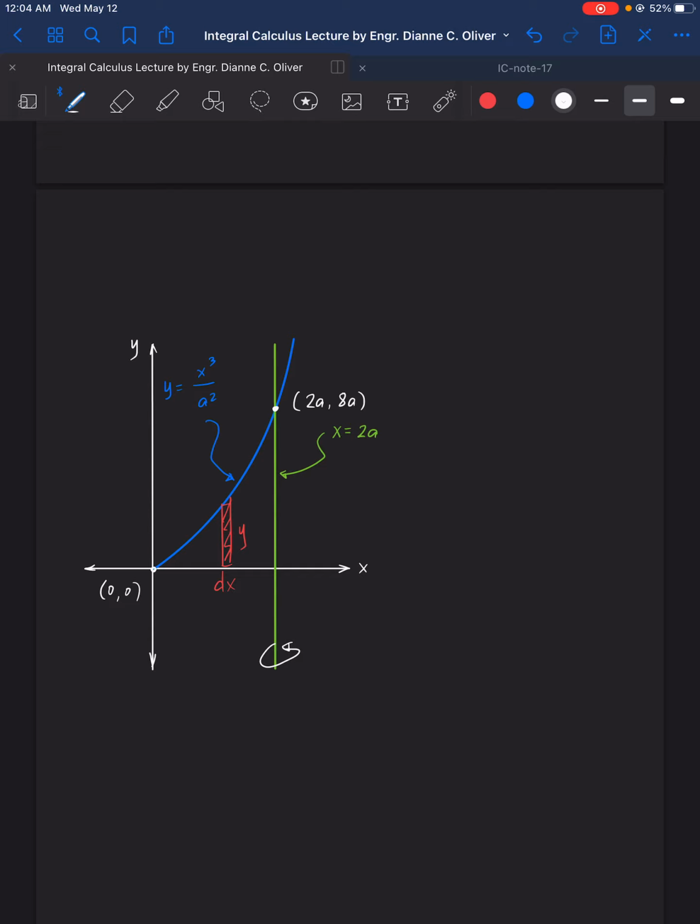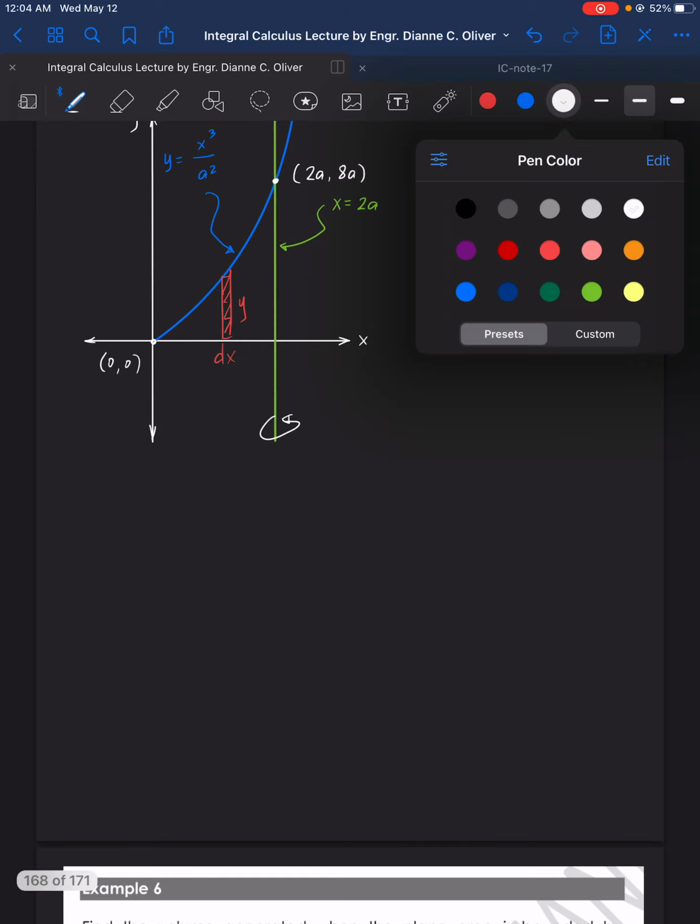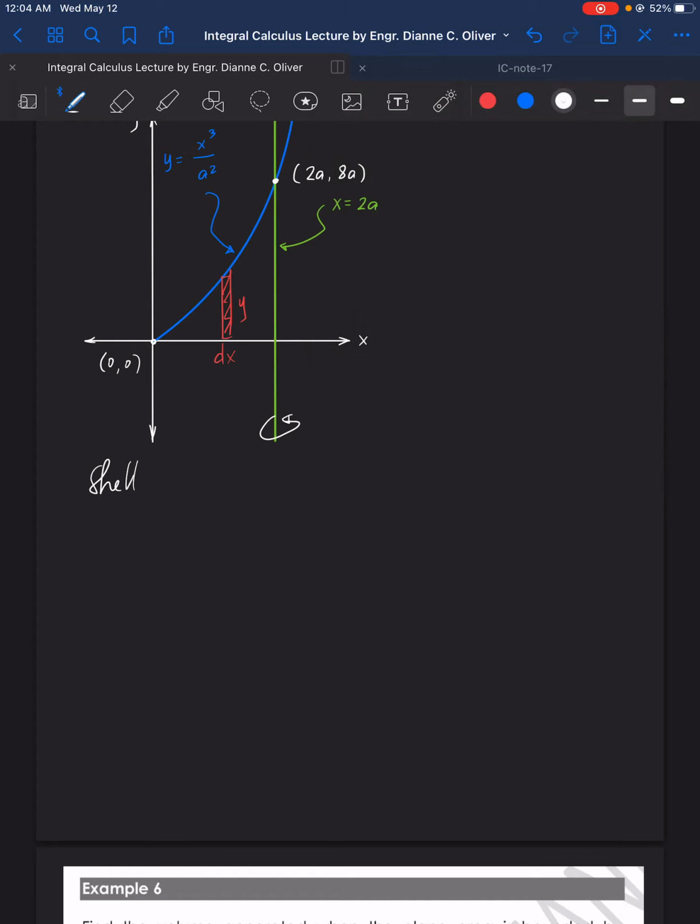And therefore, we will have a shell method. So we will be using the shell method. So the volume here is 2 pi integral of xy dx, x1 to x2.